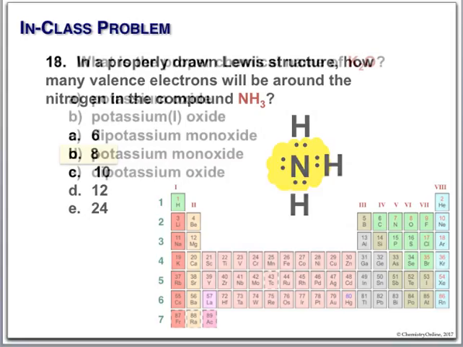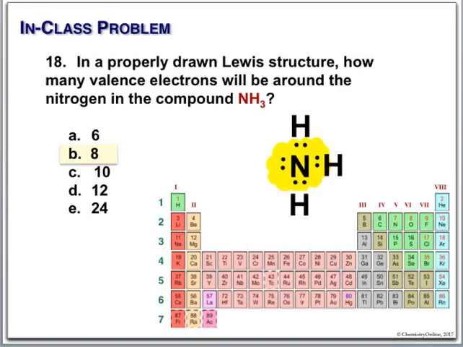Again, our total is 8. Oops, that's supposed to turn colors. Any questions? This follows the octet rule. Remember, elements want 8 electrons because that makes them full and happy.